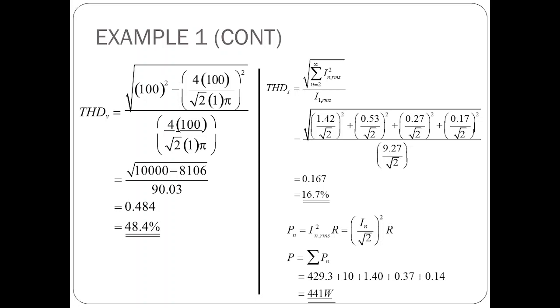You will be writing the value 429.3 plus 10 plus 1.40 plus 0.37 plus 0.14. Just now, as I have written in the table, the power calculations are added here, and the total power is nothing but 441 watts.